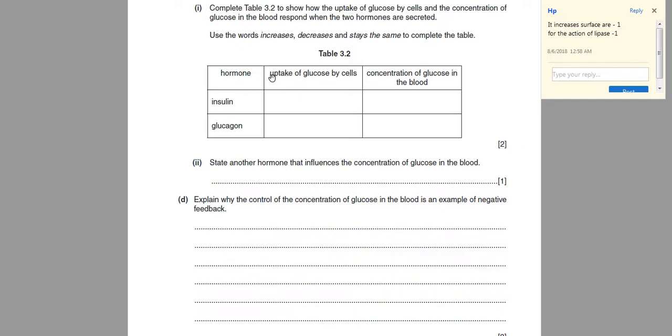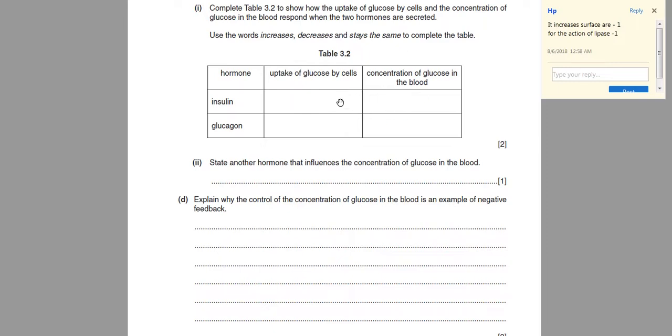When they are talking about uptake of glucose by cells, what will happen when they are taking more glucose? So insulin, what will happen? It will increase. And concentration of glucose in the blood, what will happen? It will decrease, since insulin is converting this glucose into glycogen. Okay, so this will be converted.